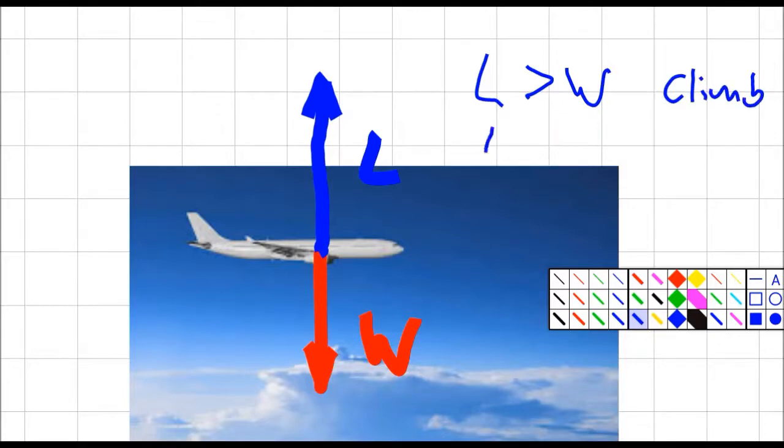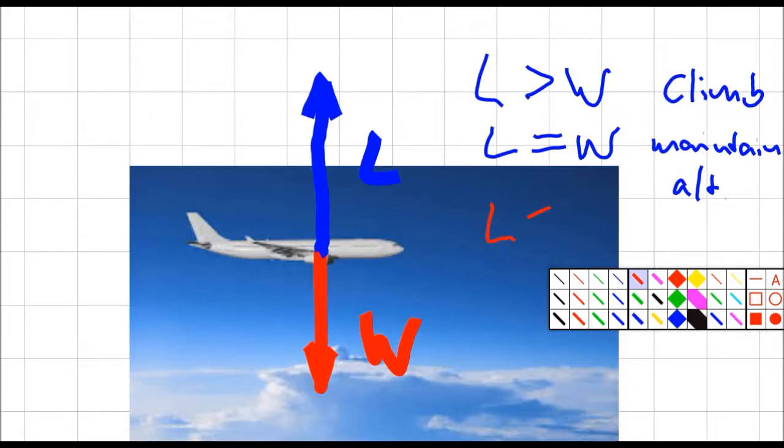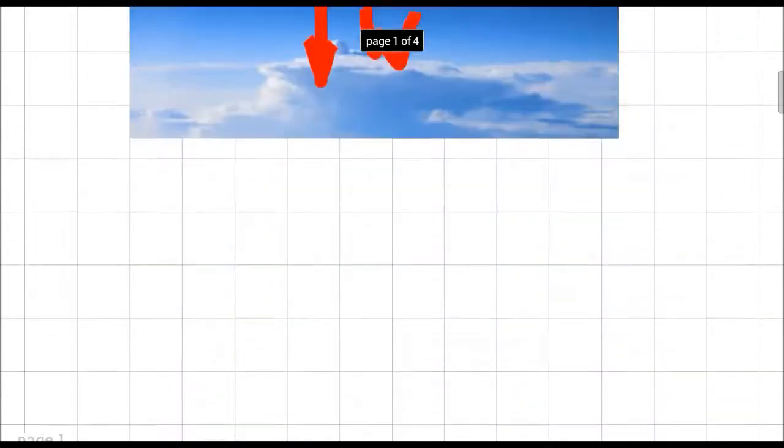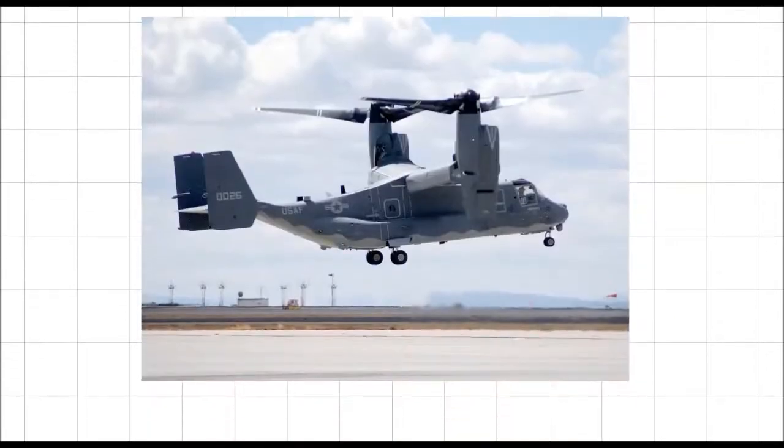If our lift was equal to our weight, the aircraft would maintain its altitude. And obviously, if our lift was smaller than our weight, the aircraft would descend. Alright? So, why does this aircraft fly?